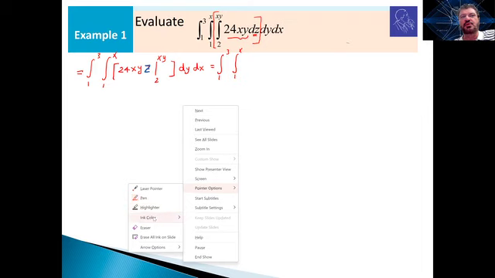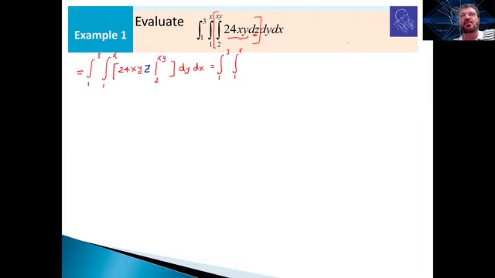We are going to replace z with xy, then replace z with 2. So that means it's 24xy, I'm going to replace z with xy, then minus 24xy, we replace z with 2. We close, and we say this is dy dx.